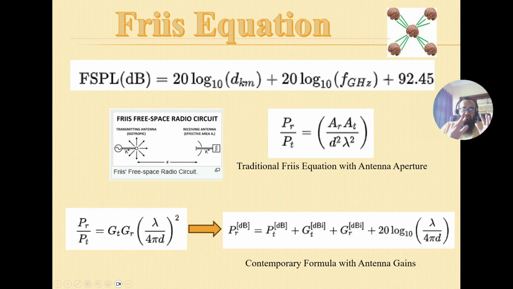I mean, when you take a log of 10 and the base of the log is also 10, the result is 1. So this part will become 20 and this part will also become 20, and this is a constant value. So this will be 40 and the total value will become 132.45.